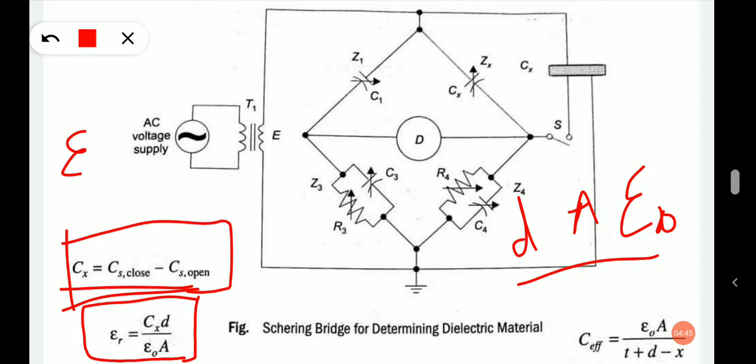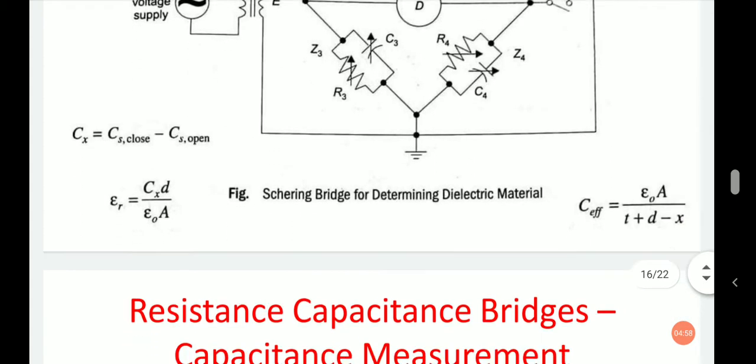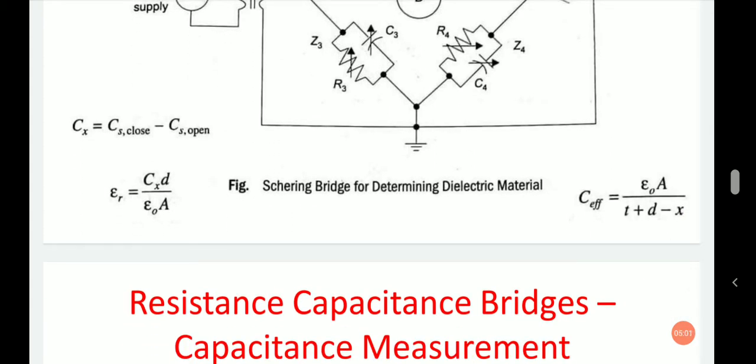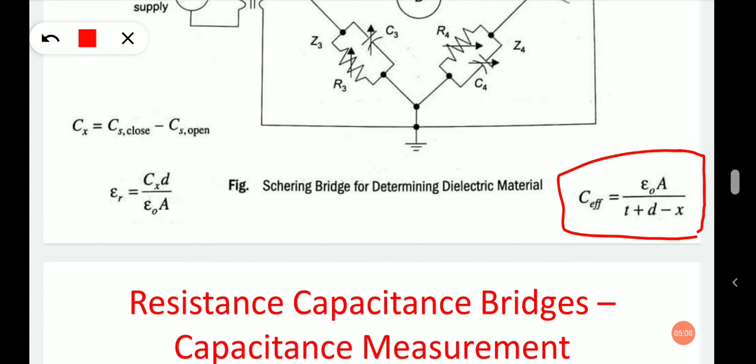When the thickness of the dielectric material and adjustment of the distance between metal plates are considered, the effective capacitance C effective is given by the relation C effective is epsilon 0 a upon t plus d minus x, where t represents the thickness of dielectric, d represents the dielectric metal plate gap, and x represents the reduction in distance between the plates in two measurements.